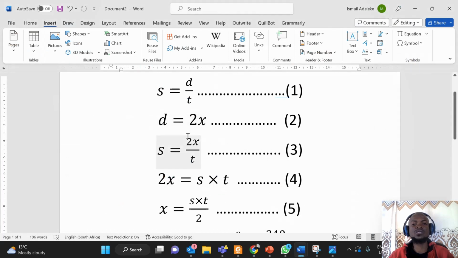So since this is 2x, and speed is distance over time, that means distance is equal to 2x. So that implies that the speed, when you substitute 2x for the distance, is equal to 2x over time. So when you cross multiply, 2x is equal to speed times time. So x then should be equal to speed times time divided by 2.